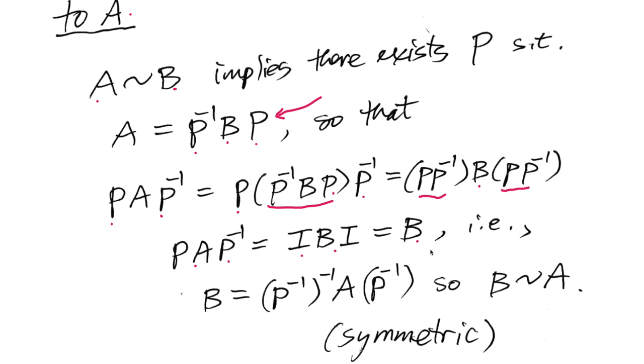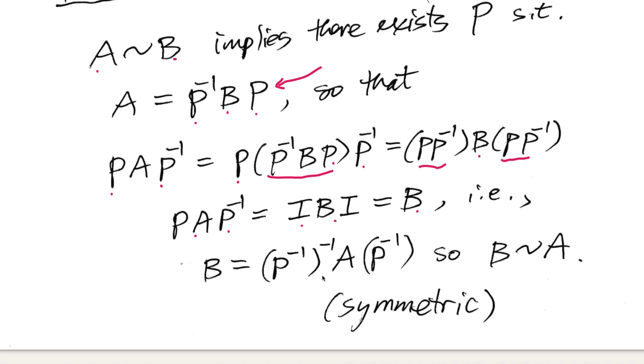Okay? So now I have B being equal to P A P inverse. Now, I want you to notice that P is really the inverse of P inverse. The inverse of P inverse is P. So instead of P here, I'm going to think of that as P inverse.